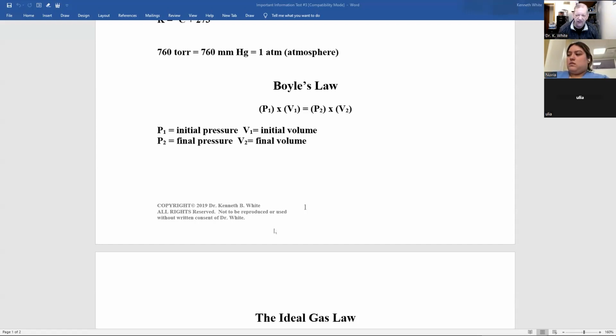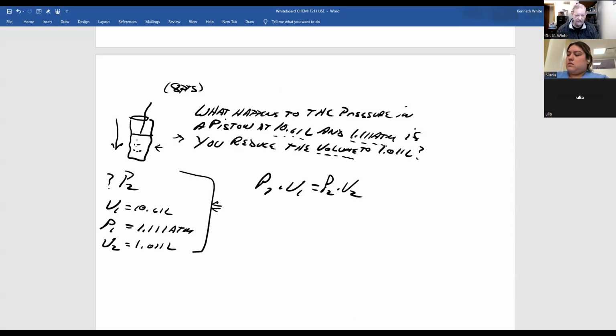P1 initial pressure, V1 initial volume, P2 final pressure, V2 final volume. So I use that. Now, what are we trying to solve for? The answer is P2. We want it alone on one side. That's how you solve it.